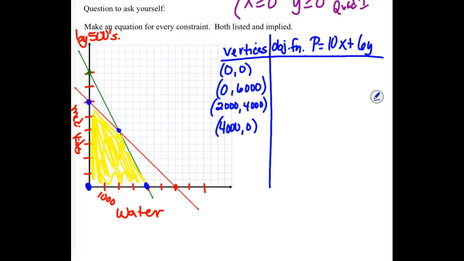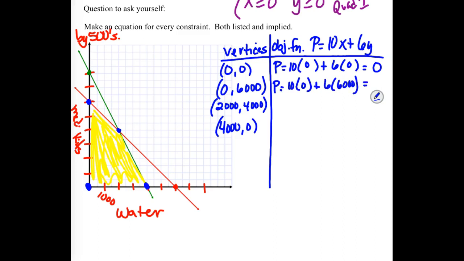All right, so then what do we do with those points? All right, let's plug them in. In the first one, we're putting in 0, 0. So we can help no people if we don't send anything. Second one, we're going to send no water, but we're going to send 6,000 medical kits.